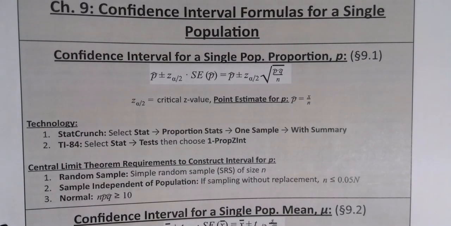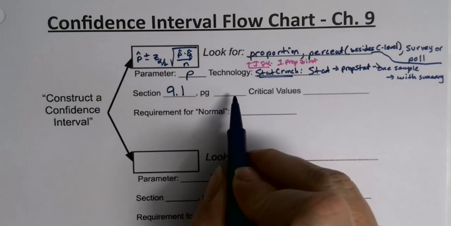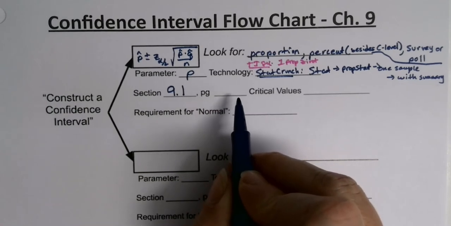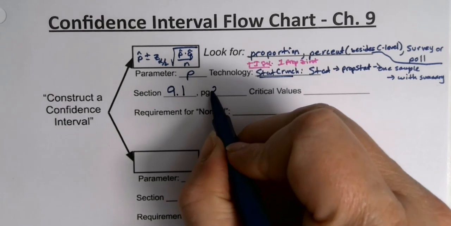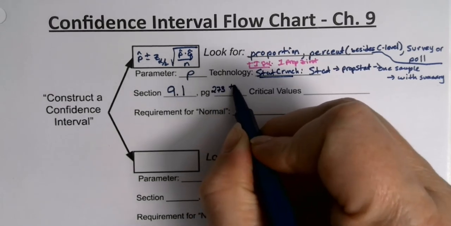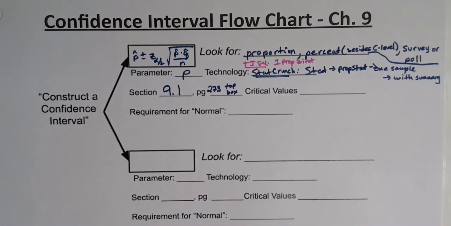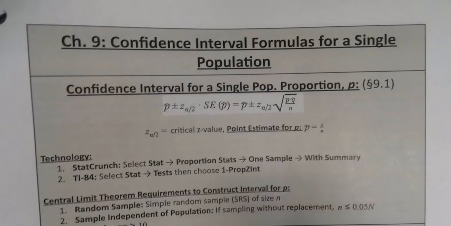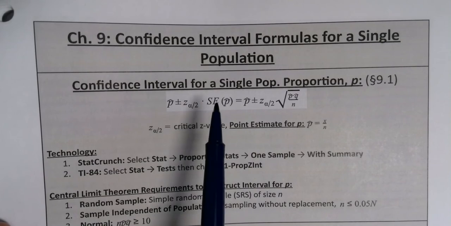So for me, it's page 273, but write whatever page of your notes packet you have it on. It'll be the top box, though, I can tell you that. So for me this semester, it's 273 top box, the first box on that page. The critical values, and you can see it when you look, are the z alpha over 2s, plus or minus z alpha over 2.